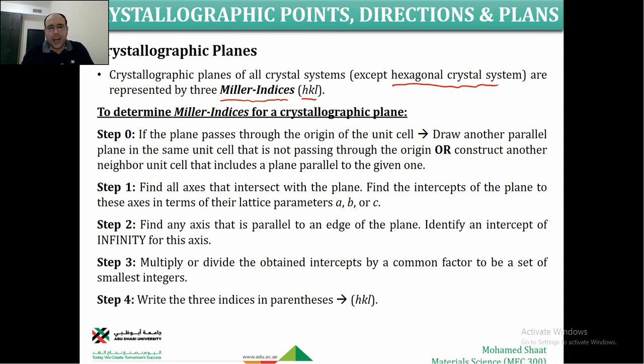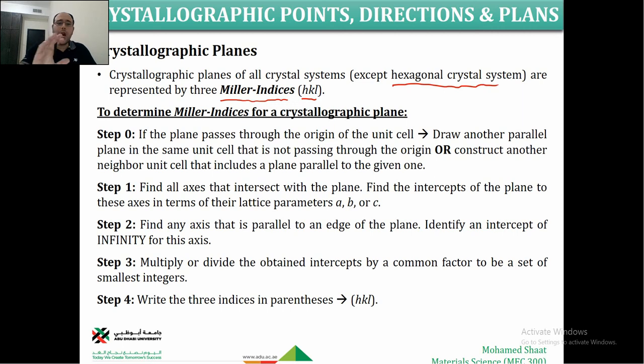So we would have a challenge identifying equivalent crystallographic directions for a hexagonal crystal system. That's why we replaced the three-index system by a four-index system. We're going to do the same for the crystallographic plane. We still have the same challenge, as will be discussed in more detail.